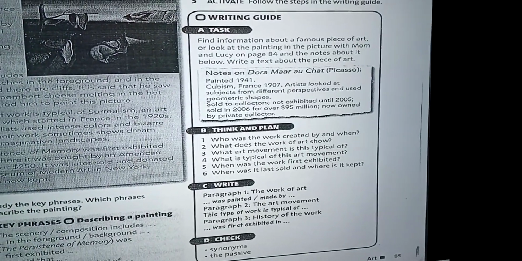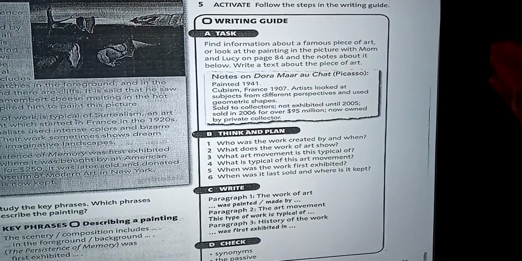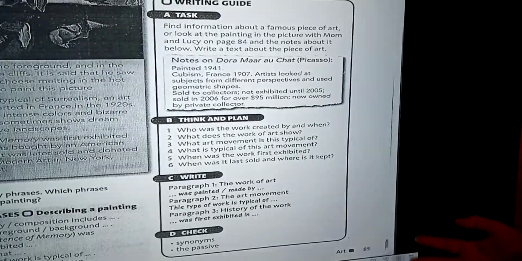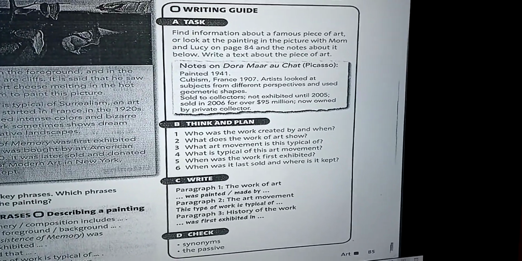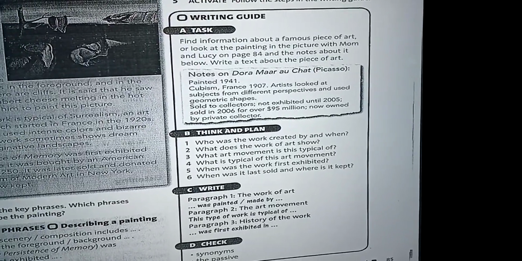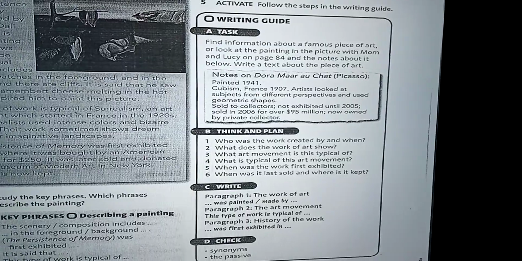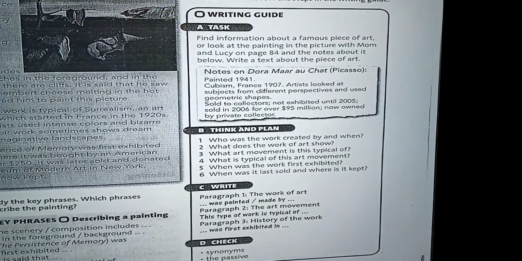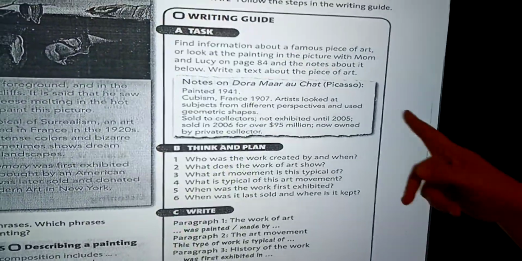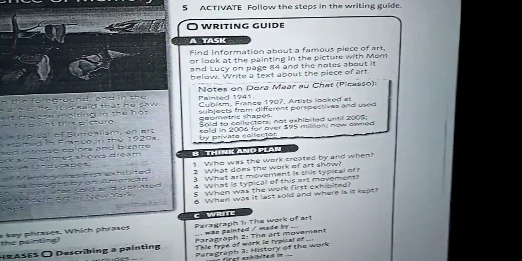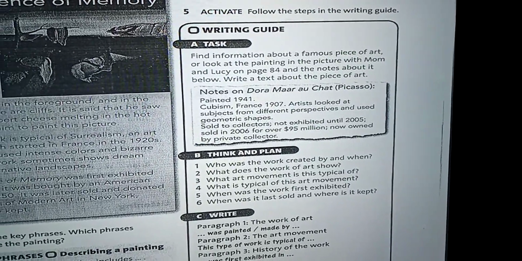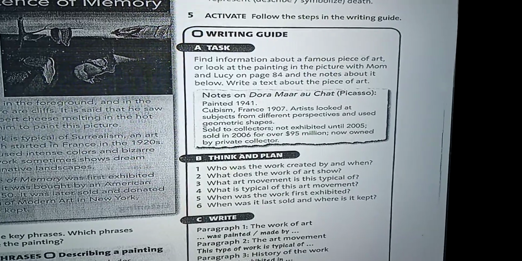Let me read again right here. Find information about a famous piece of art, or look at the painting in the picture with Mom and Lucy on page 84 and the note about it below. Write a test about the piece of art. Let's see the note. Dora Maar, a sheet, Picasso. Painted in 1941.